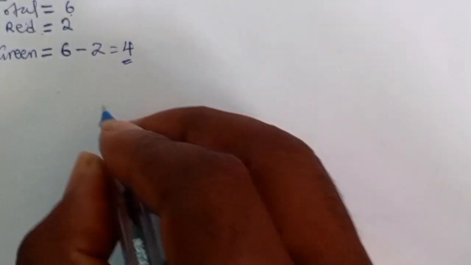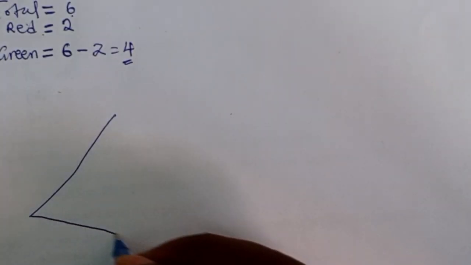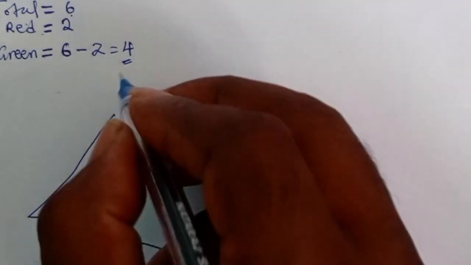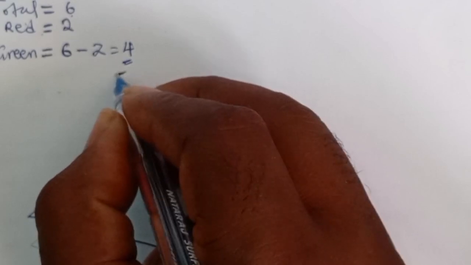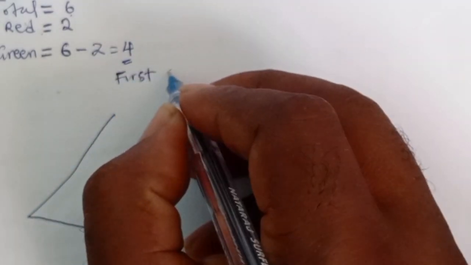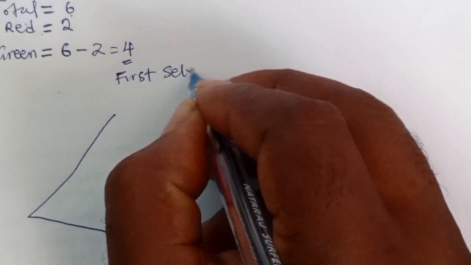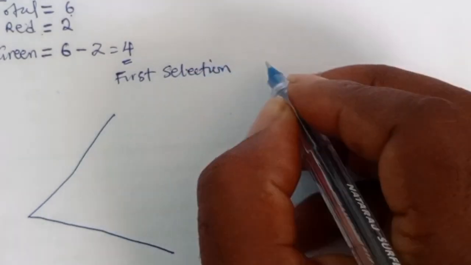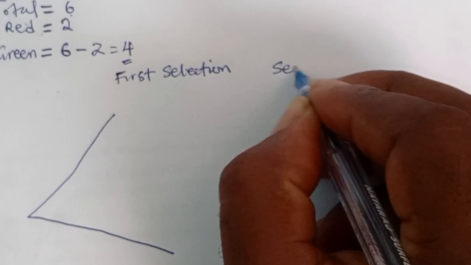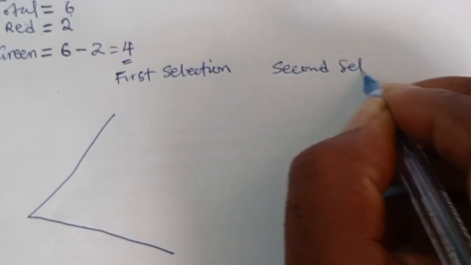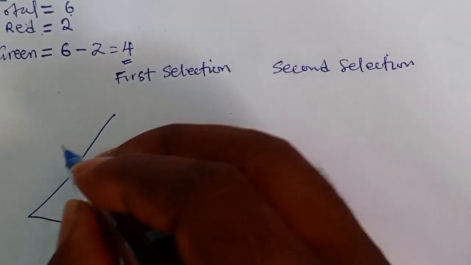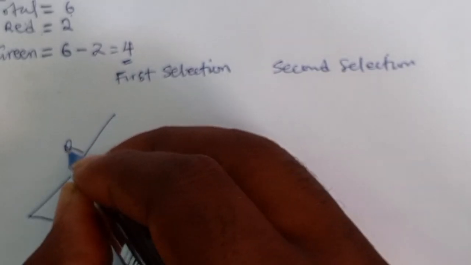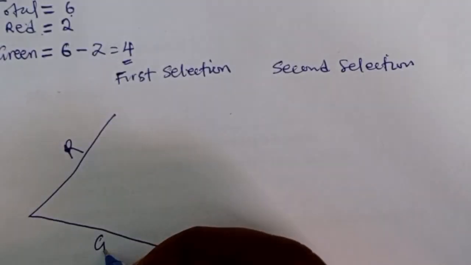So a tree diagram, we have, this is the first picking, first selection, then we have second selection. So now on the first selection, we have red, we have green.